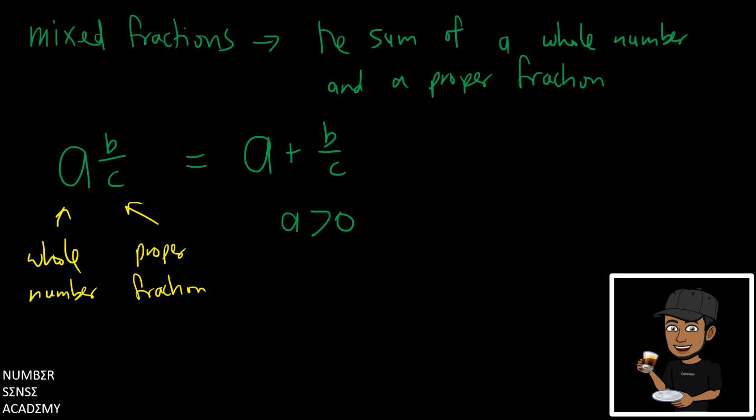So maybe we should say that A is not equal to 0, because if A is equal to 0, then it's no longer a mixed fraction. It's just 0 plus a proper fraction, which is just a proper fraction. So we're just going to say that A is not equal to 0. Depending on the context, we could have integers for the whole number. But if we're dealing with real things, cars, people, pencils, then we're going to have a positive number.